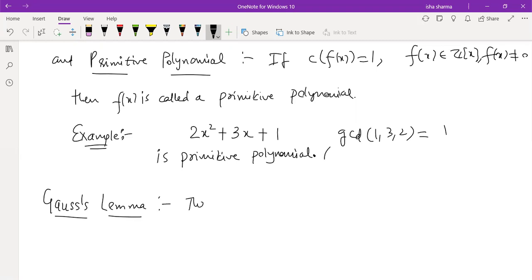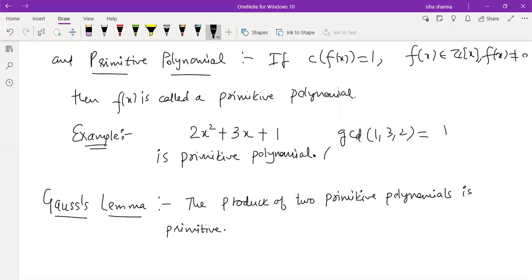This says the product of two primitive polynomials is primitive. कि अगर आप दो primitive polynomials को product करते हो, the answer is also going to be primitive.